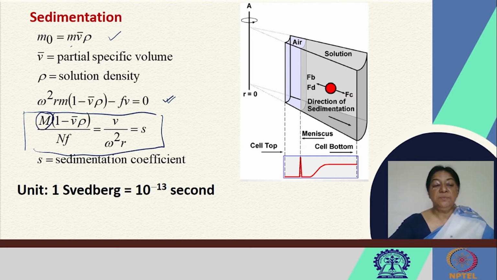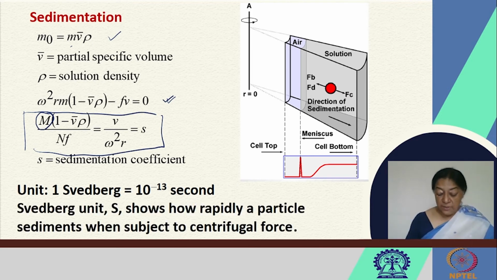This is given by units of Svedberg, which are 10 to the minus 13 seconds. In our experiment here, the Svedberg unit shows how rapidly a particle sediments when it is subject to this centrifugal force.